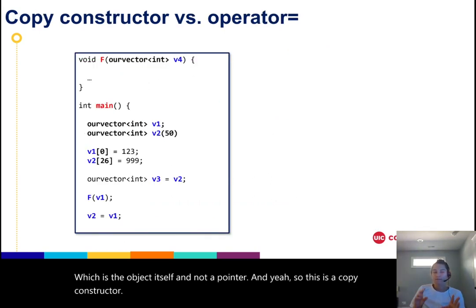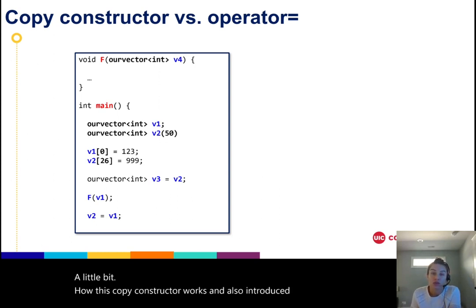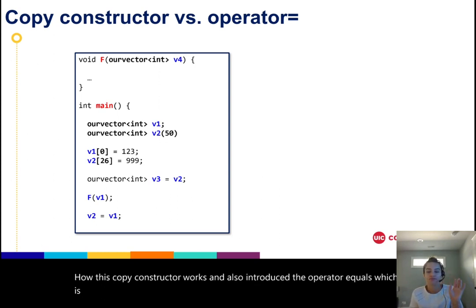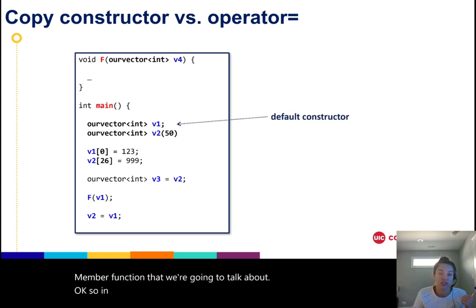So let's go over a little bit how this copy constructor works, and also introduce the operator equals, which is the next member function that we're going to talk about. Okay, so in main, you know that you can declare an R vector using the default constructor, which is just going to set up a capacity 4.